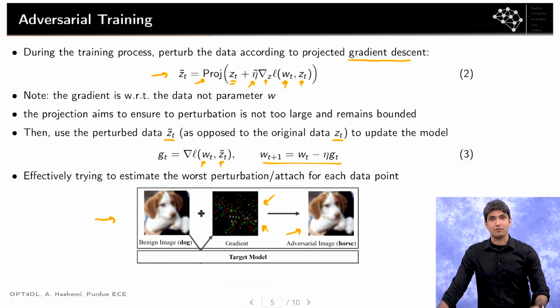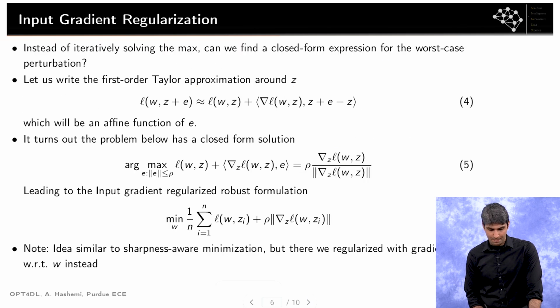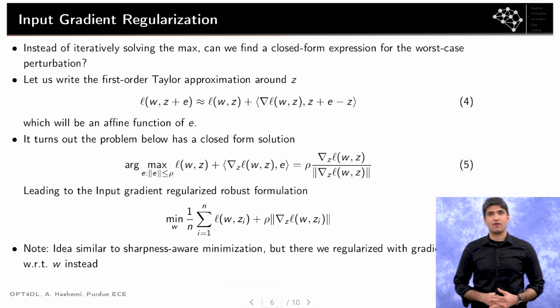Now this is something that I'm going to use during the training to make sure that my model is robust with respect to the worst noise that it could see at inference, at test time. All right, so that's one idea then.